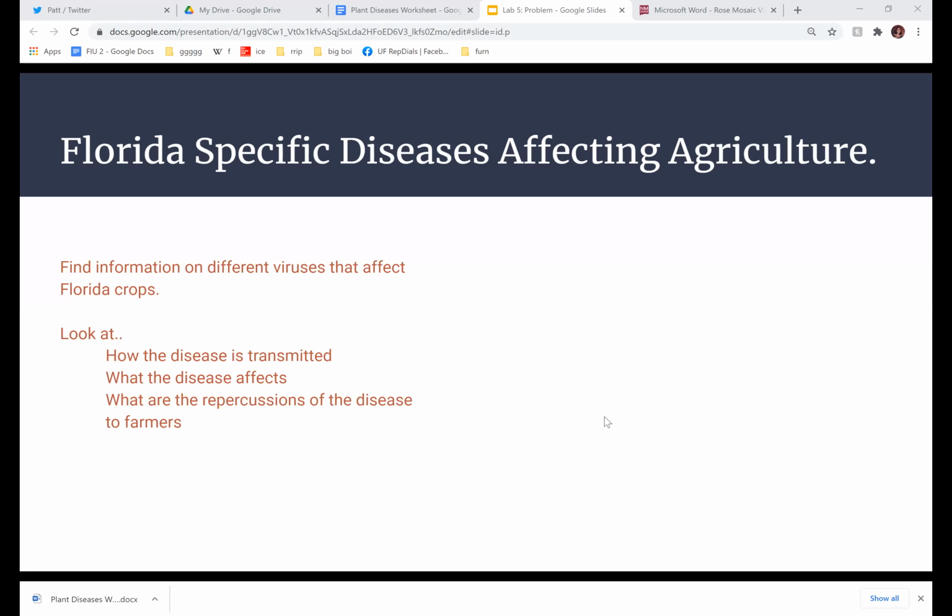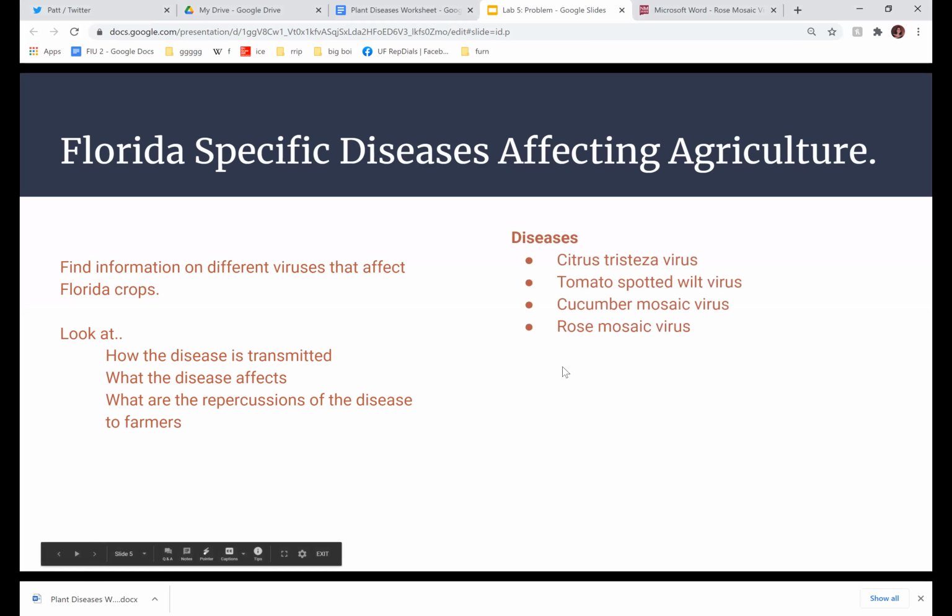Alrighty. So if we had another student here, they could have done one of these besides the citrus greening that you did, and they would have talked about the disease rose mosaic virus in this case, the last one. It is transmitted via pollen transfer, and it's only in roses.